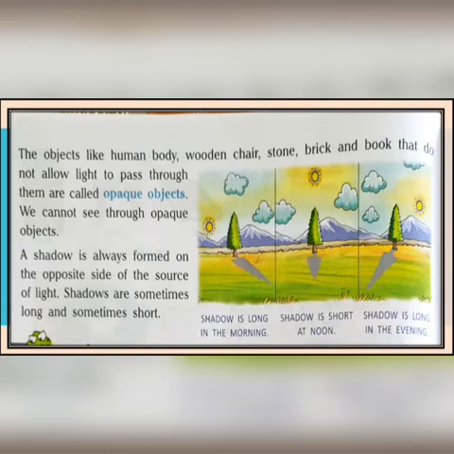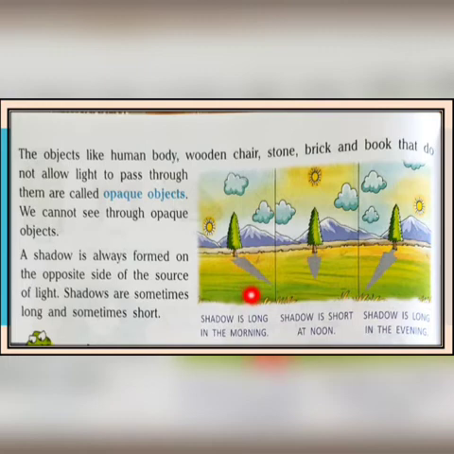After shadow, the next topic is about opaque objects. So what are opaque objects? The objects which do not allow light to pass through them, for example human body, wooden chair, stone, tree, brick, book. A shadow is always formed on the opposite side of the source of light.